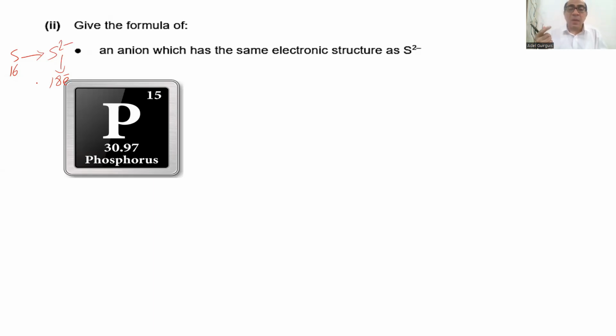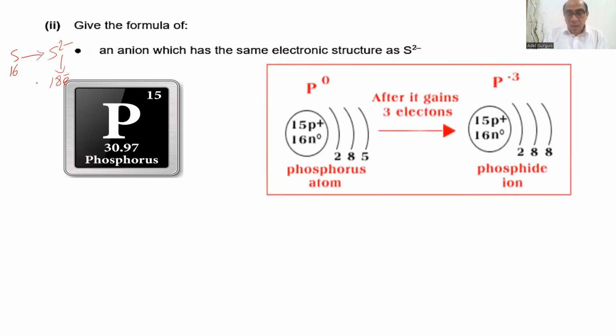I mean 2, 8, 8. How do we obtain this answer? Look, please. Before sulfur 16, there is phosphorus 15.